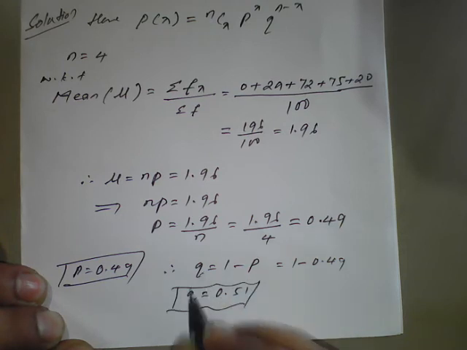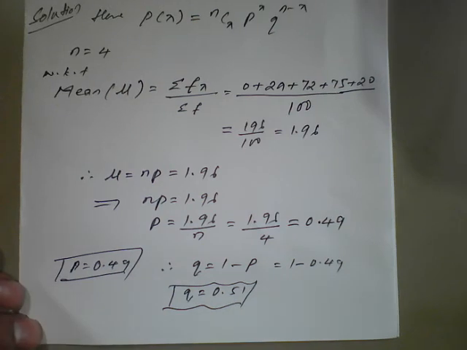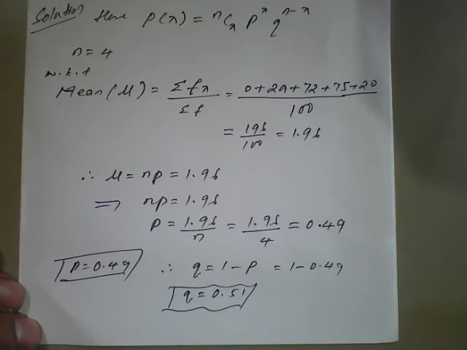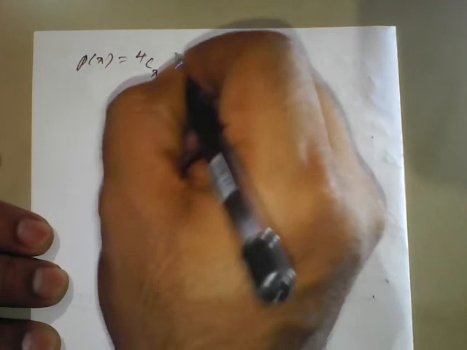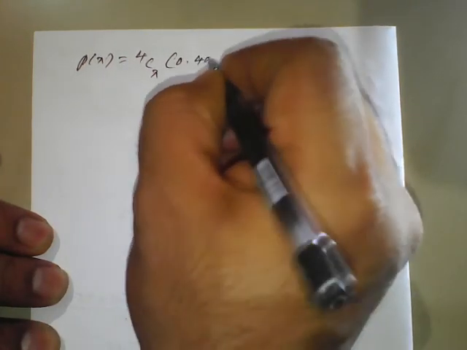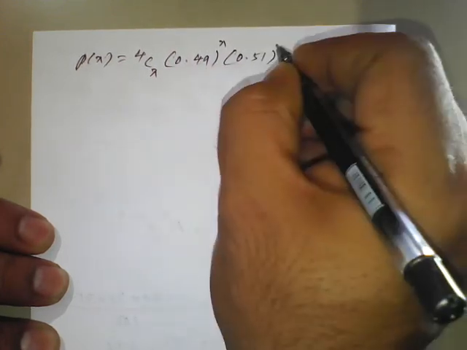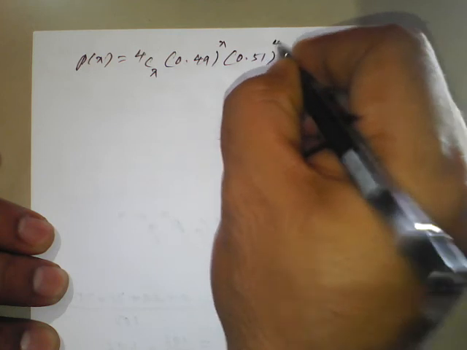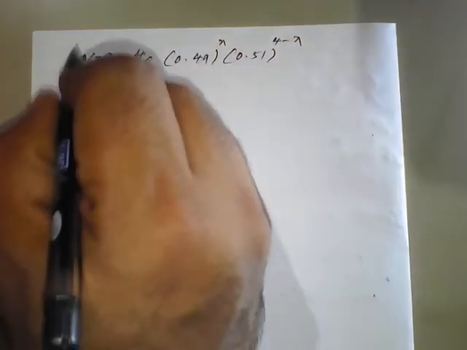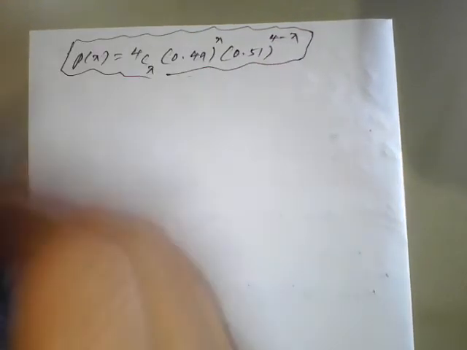So we got p and q. We'll go back to the P of x formula. Therefore P of x is equal to 4Cx, with p as 0.49 raised to x and q as 0.51 raised to 4 minus x. So this is our P of x.